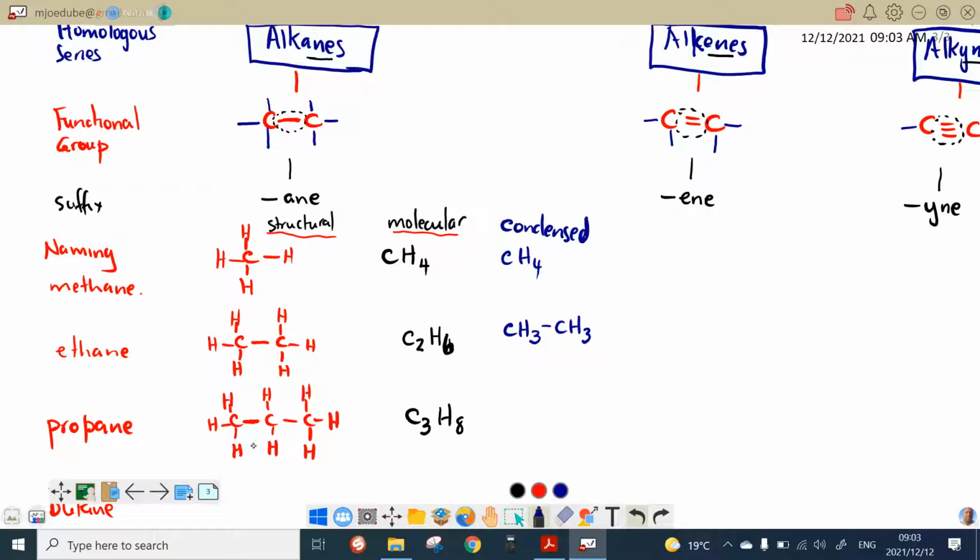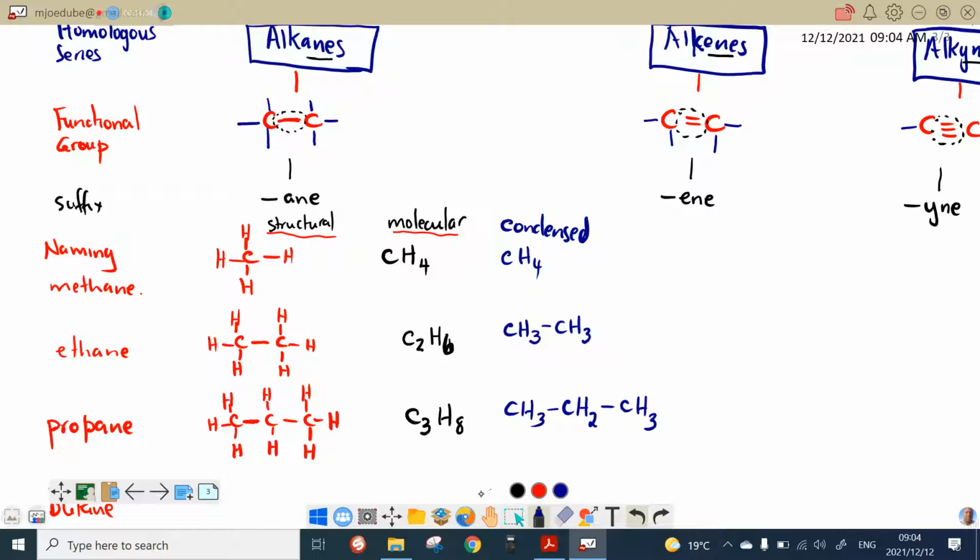And then in the third one, we've got three carbons. So we've got CH3, the first carbon. And then the second carbon, we've got CH, how many hydrogens? 2, CH2. And then in the last carbon, we've got 3 hydrogens, so we've got CH3.